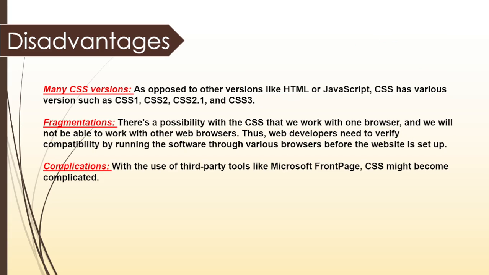Sometimes CSS can be very messy and can create complications in the code, especially when we try to use the latest version of cascading style sheets on old Windows versions. So it becomes very messy and creates complications in the website code. And also in CSS there is no interaction with database.